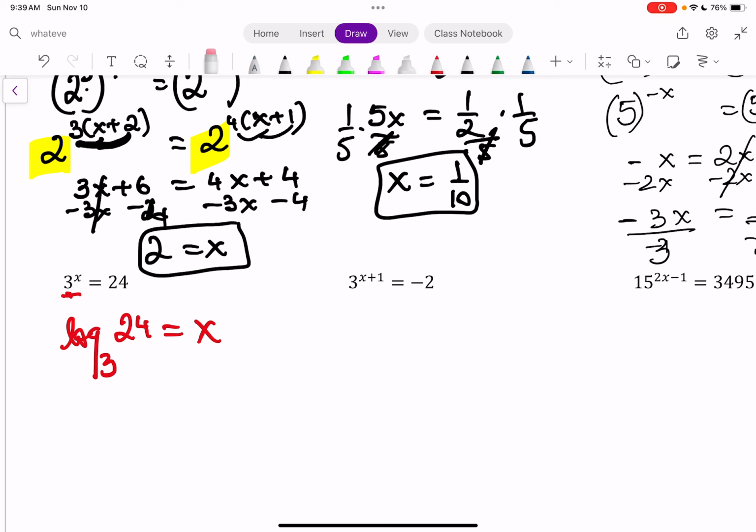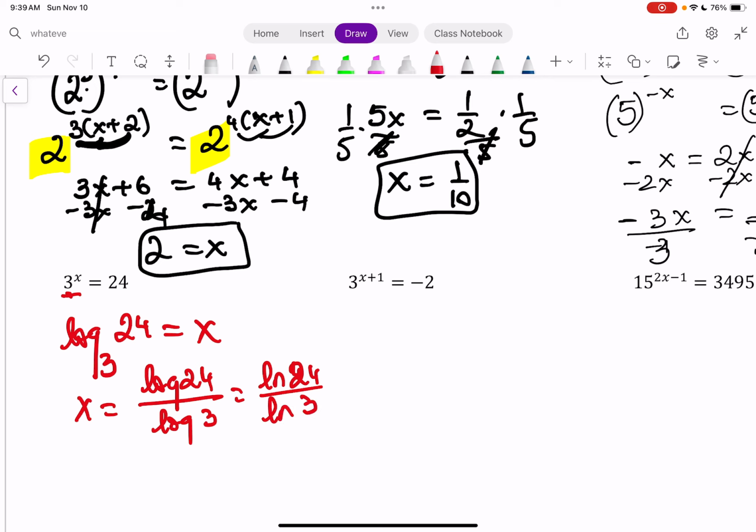Now, to figure out logs, we have used our calculators to find a log of any base, and we simply switched it to a common log or a natural log. So that's either ln of 24 divided by natural log of 3 or common log of 24 divided by common log of 3.